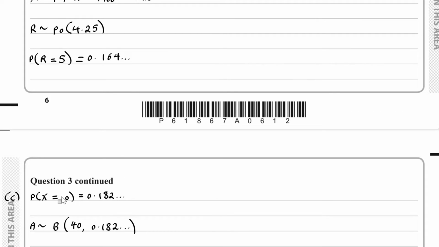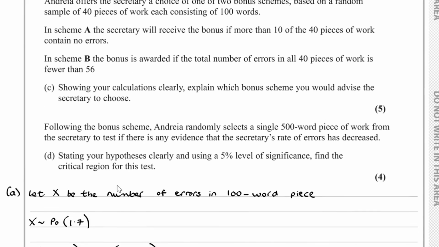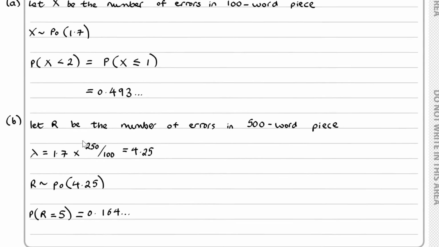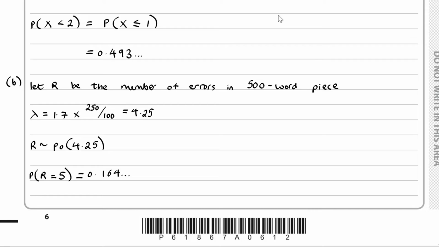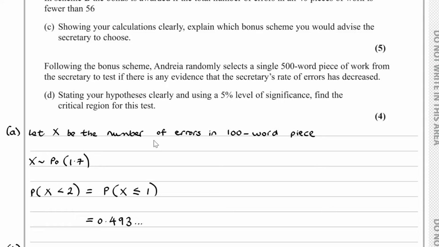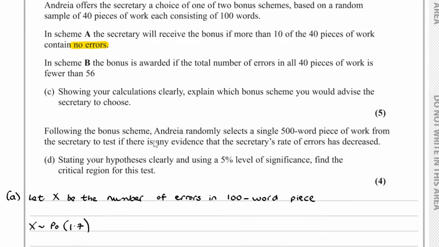We found the probability that we have no errors, and we created this binomial distribution based on the fact that we have, for scheme A, 40 pieces of work that contain no errors.